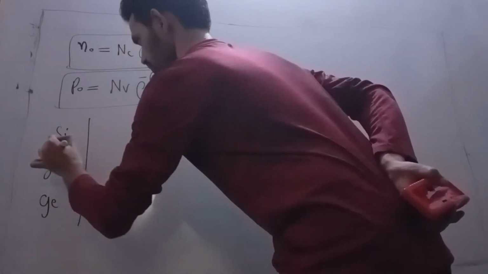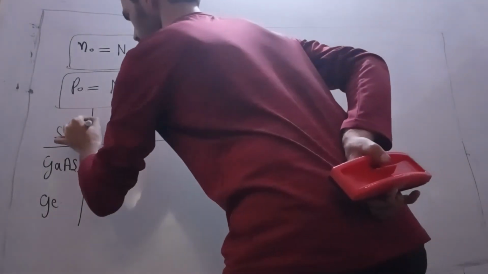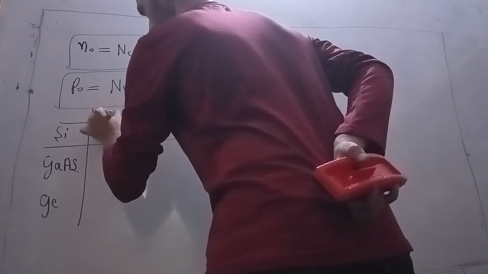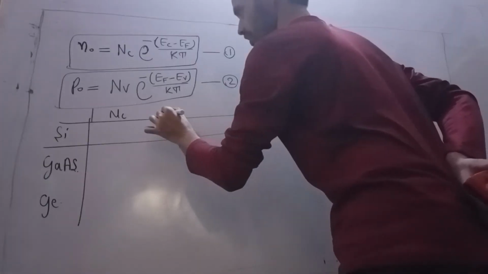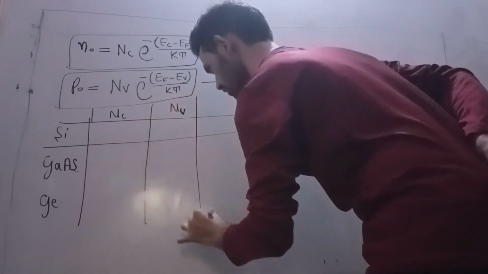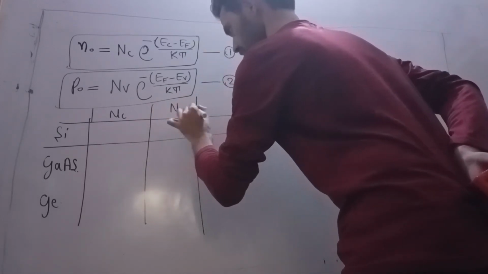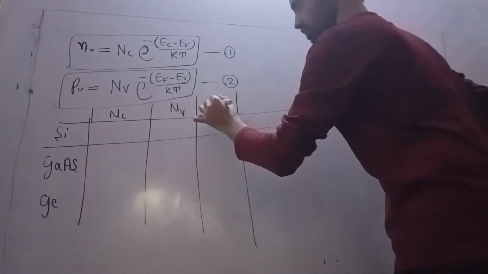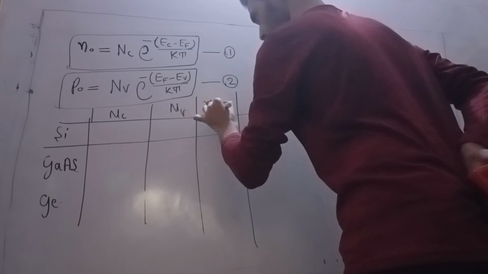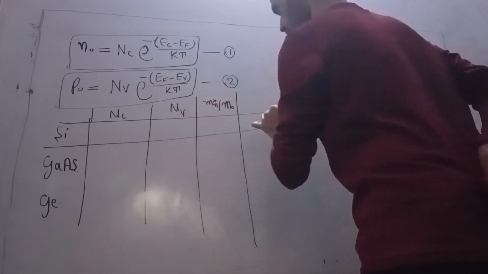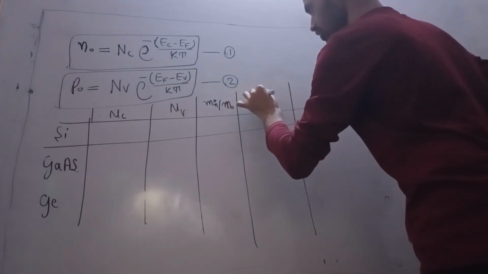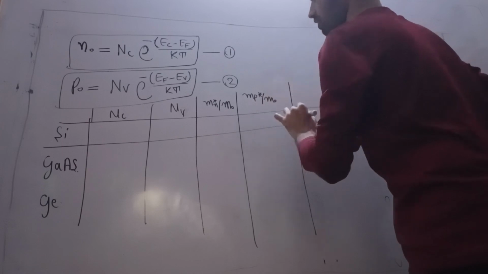Here we see Nc, the density of state in conduction band, Nv, the density of state in valence band, the ratio of effective mass of electron to its rest mass, and similarly the effective mass of hole to rest mass.